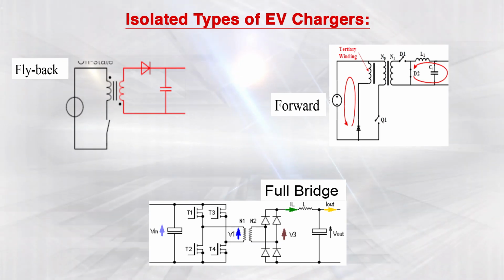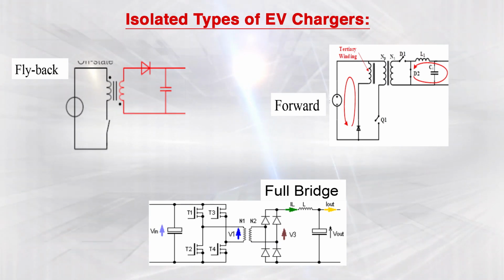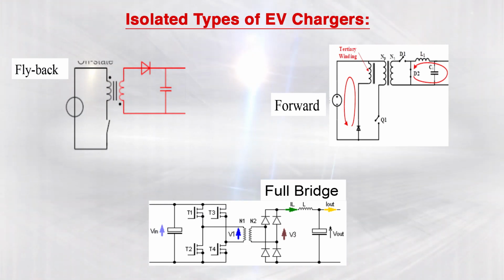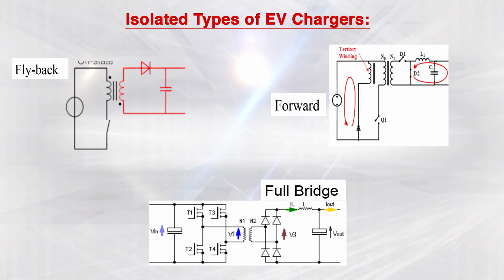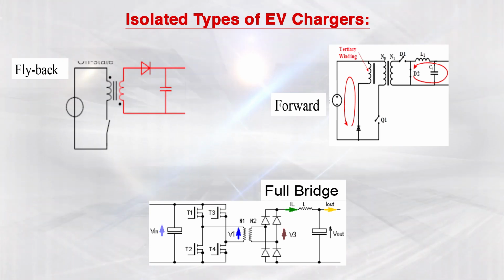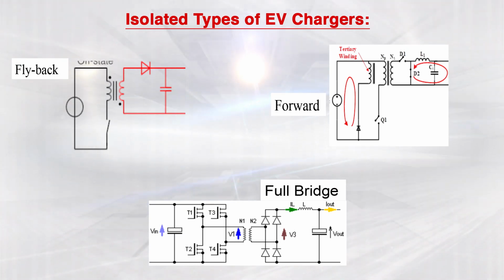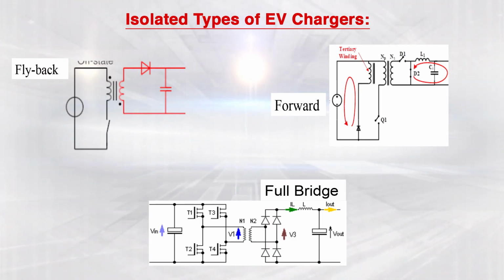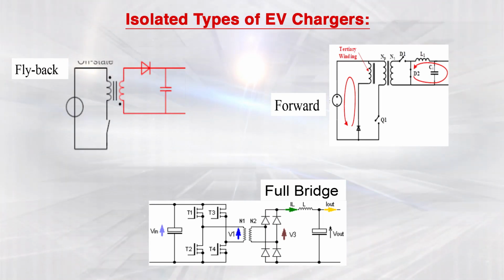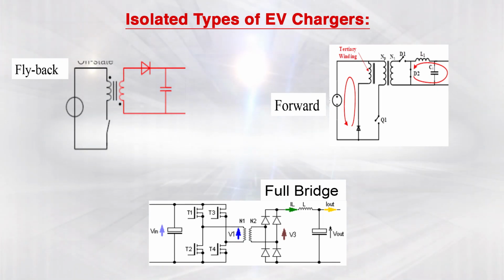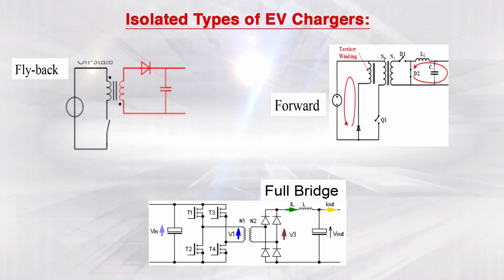Here, when the switch is on, the primary of the inductor gets charged, and the moment you release the switch, the primary energy is transferred to the secondary. As the diode becomes forward biased, the dot convention will change, and this inductor will release the energy through the diode to the capacitor, and this capacitor will further release energy to the load.